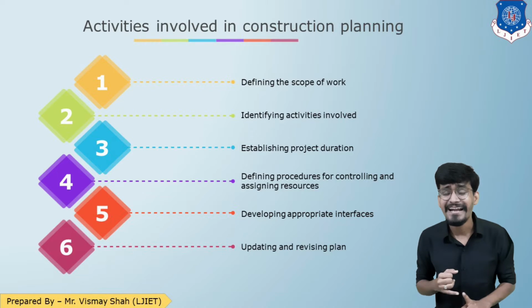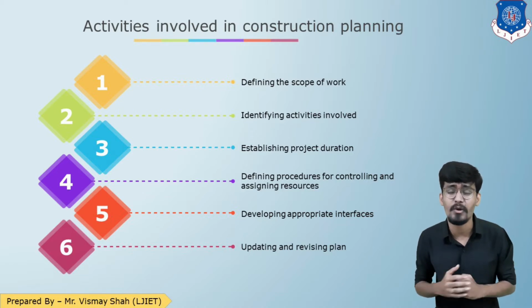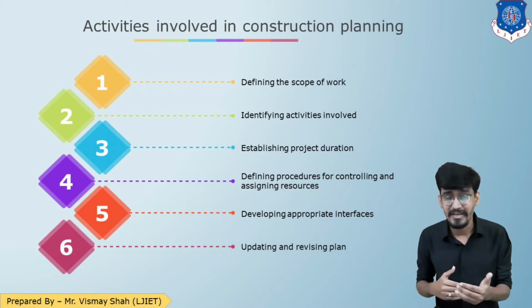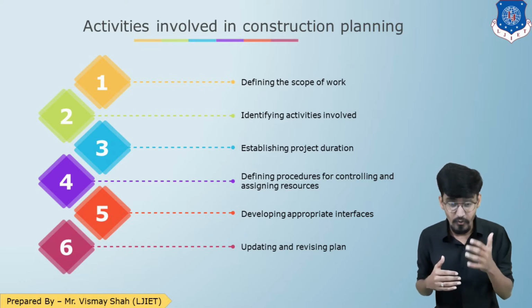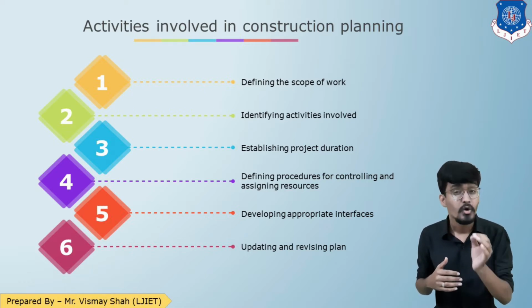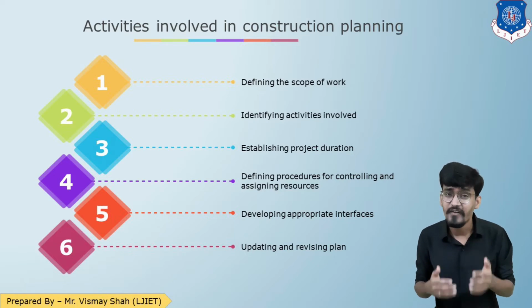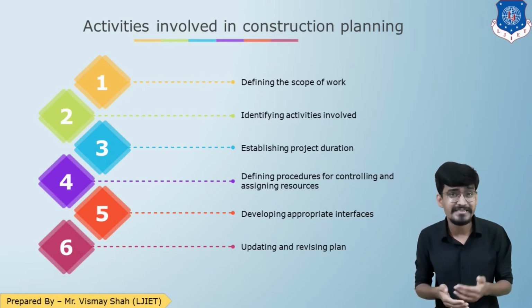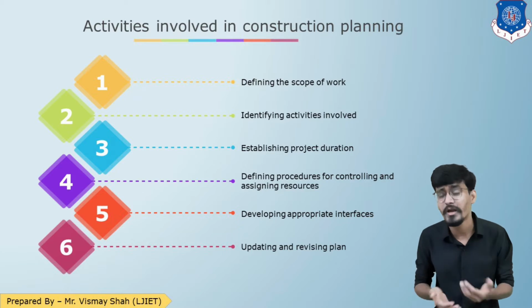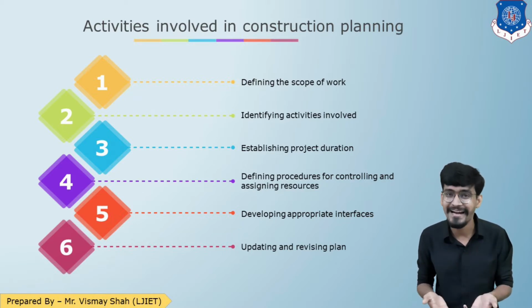Then identify the activities which are required to be performed. Most important, to plan something, focus on my words, to plan something, first you need to understand what activities you are going to perform. Then and only then you can plan them. Without identifying the activities, you cannot plan them.